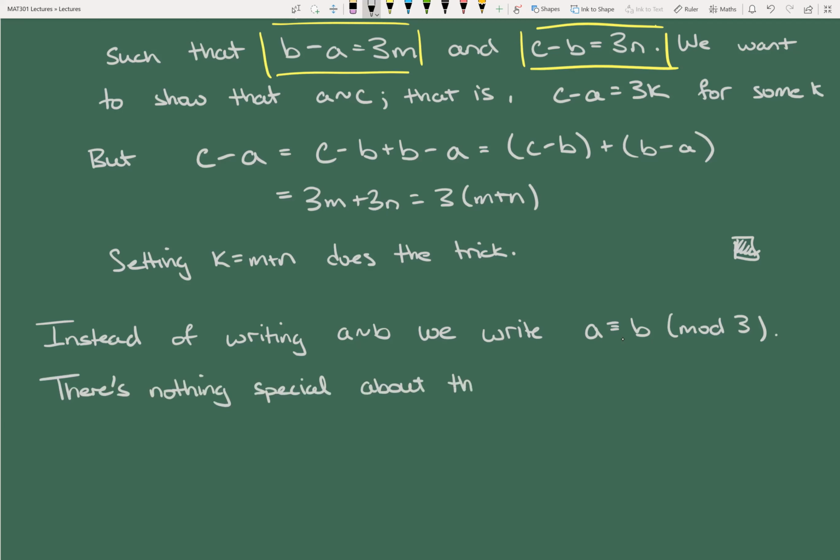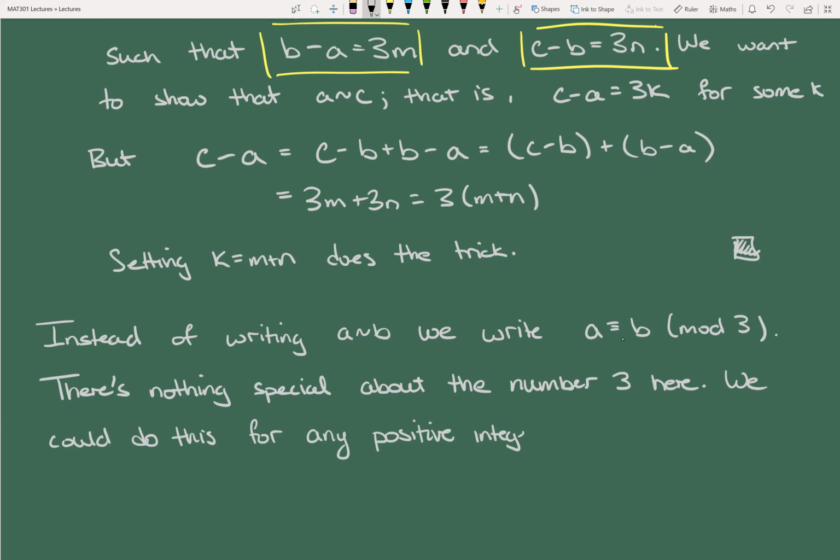We could have done this for absolutely any positive integer. So that gives us this notion of A being congruent to B mod N.